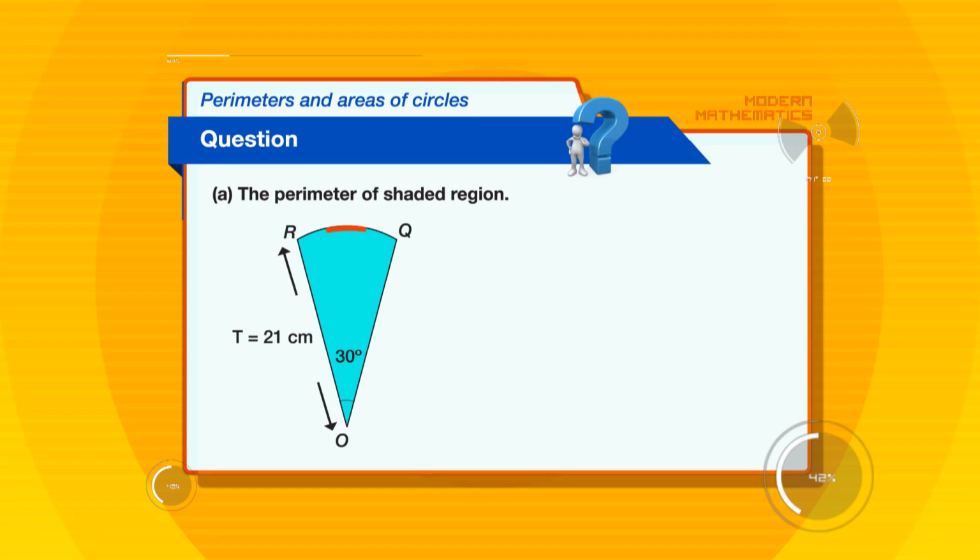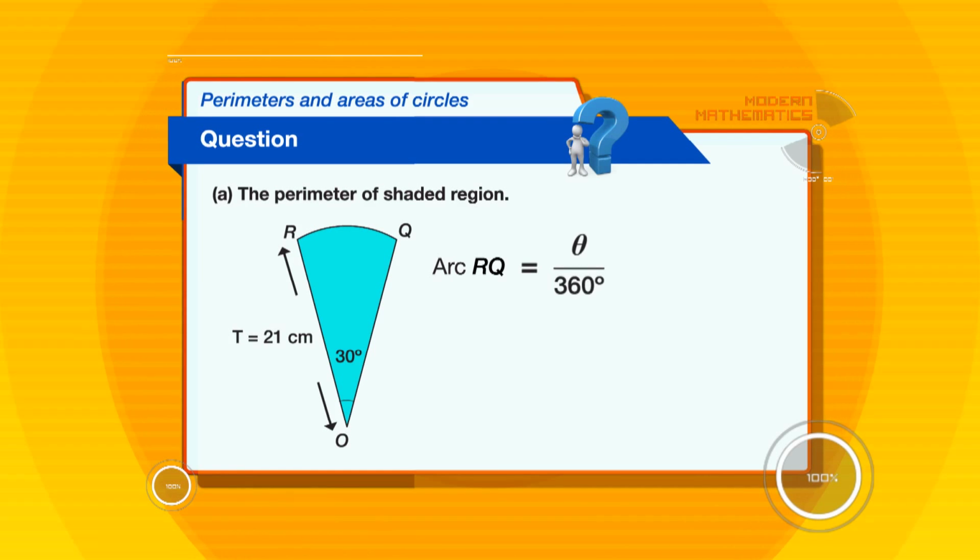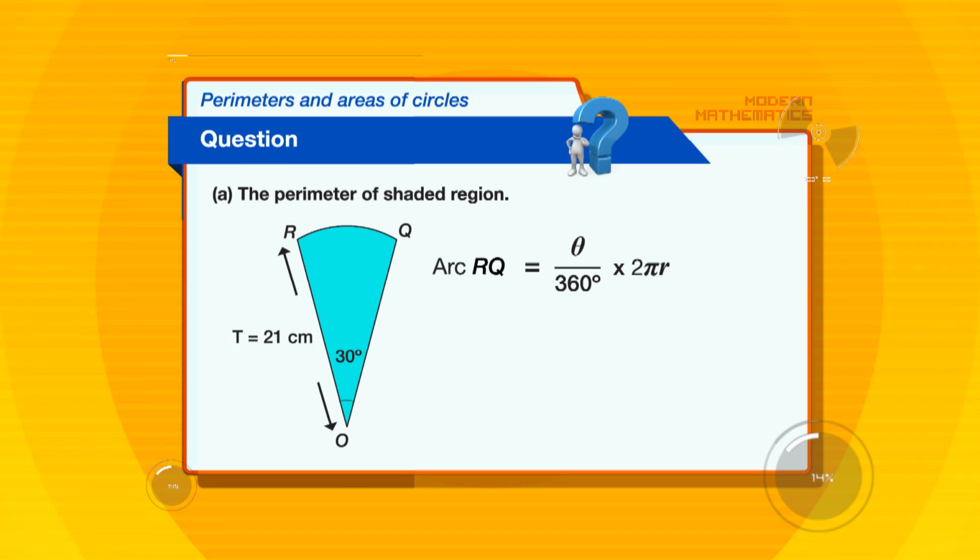So the next thing we need to find is the arc RQ. The formula of the arc once again is theta over 360 degrees times 2 pi r, where theta is the angle subtended by the sector and r is the radius of the sector. Once again, be careful. We are looking at sector ROQ, and therefore theta will be 30 degrees and the radius will be 21 centimeters.